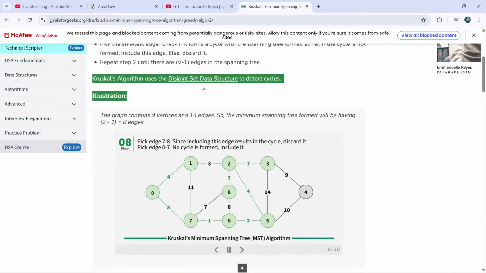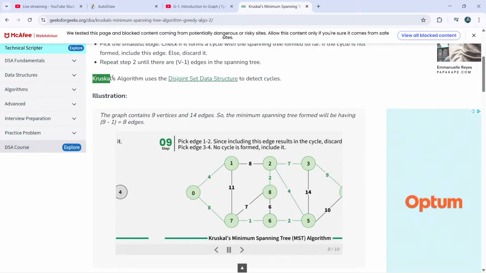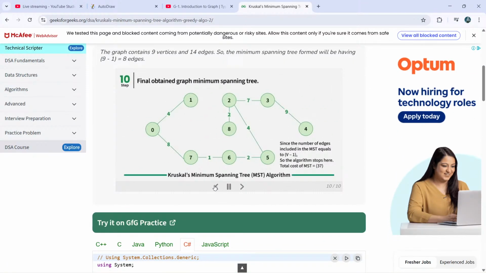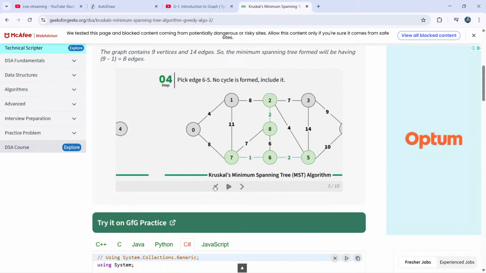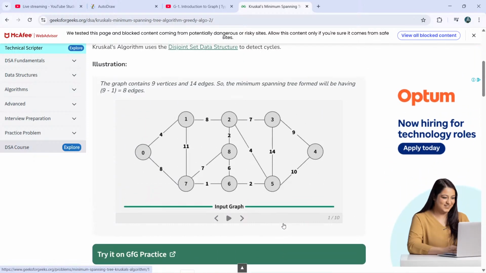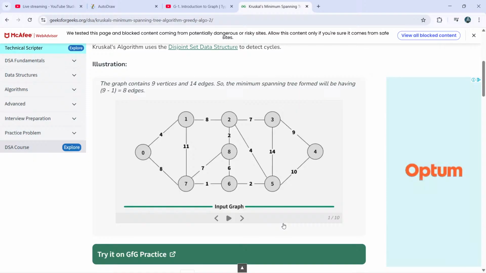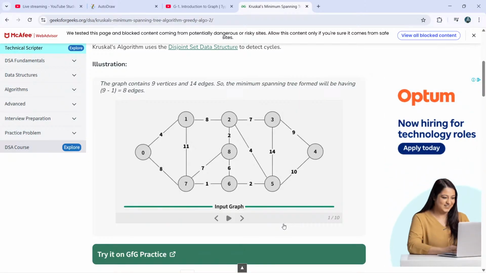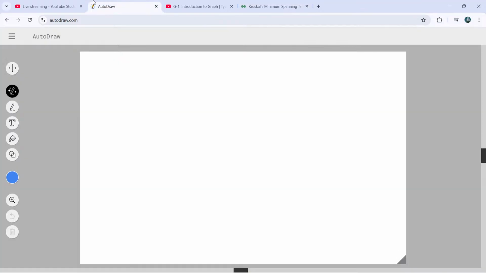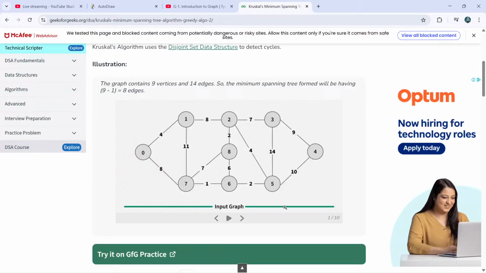Kruskal's algorithm uses disjoint set data structure to detect cycle. Okay, this is a big graph, so I'll not draw it, it will take a lot of time.